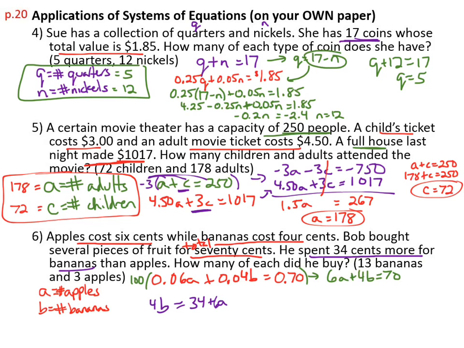And I'm going to use this equation here. I'm going to bring that down. We're going to forget the one with decimals and say that 6A plus 4B equals 70. What I'm going to do is simply use the elimination method.